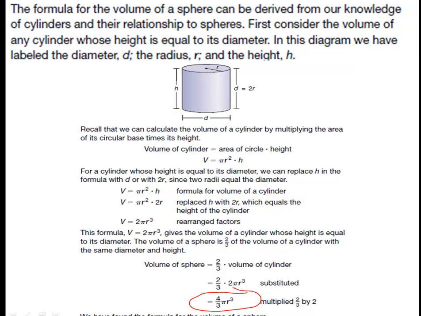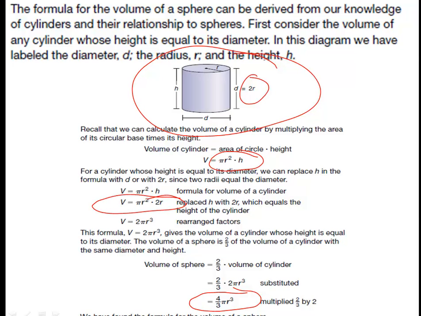The way they do that is we're going to break it down a little bit to illustrate it. We know that the volume of the cylinder itself is pi r squared times the height. Now we replace the height with 2r, because 2r is equal to the height of the cylinder. When we rearrange and multiply those together, we get 2 pi r cubed.